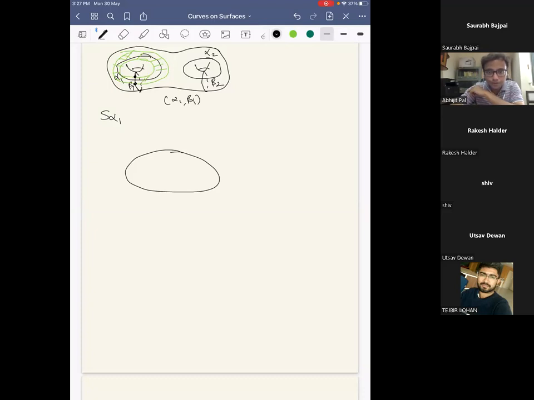Just draw something. Okay, maybe I will erase it and draw again. I think something is not working. Is it visible? No.